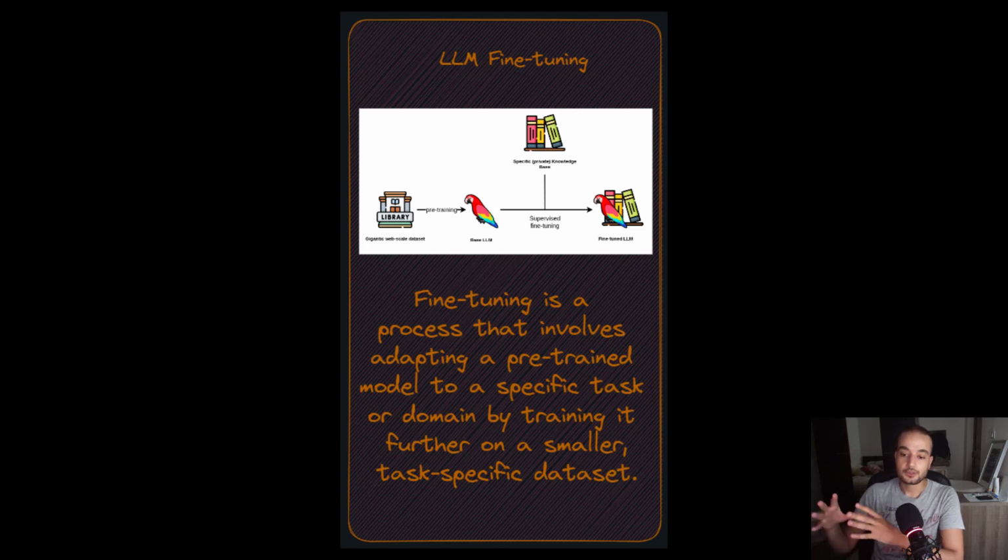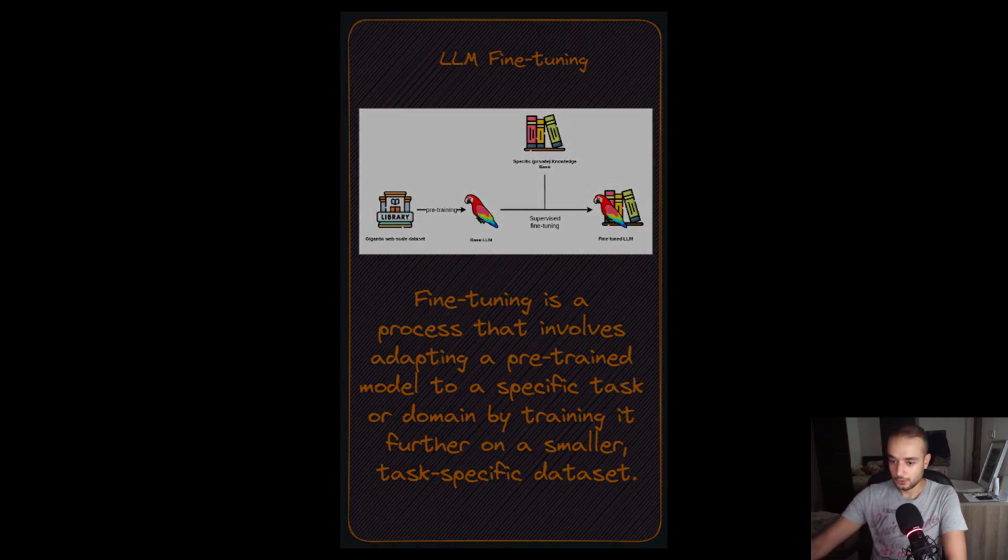So we are going to give it the quote and the tags, and in this way it will understand its task and it will capture the style of the future generated answers based on the dataset it gets fine-tuned on. Fortunately for us, this is not a very demanding task. We can do it on our personal computers or even on a Google Colab notebook. So that's what we are going to do.